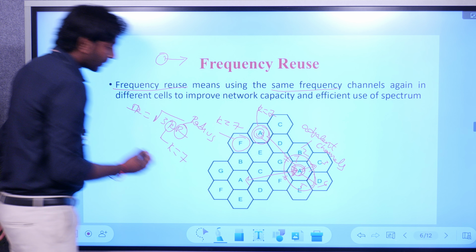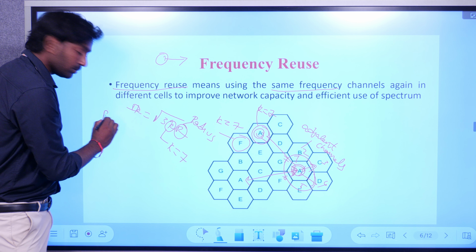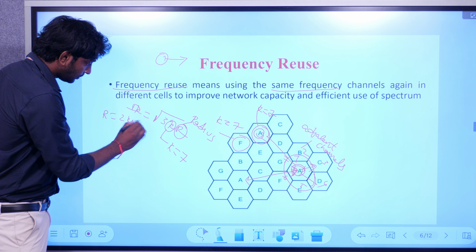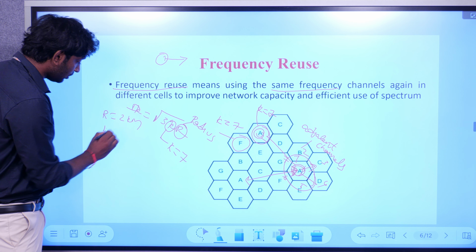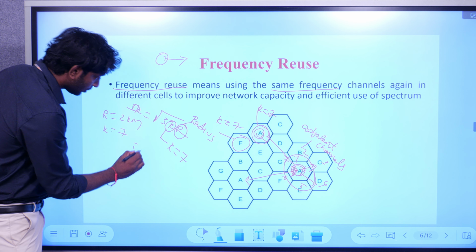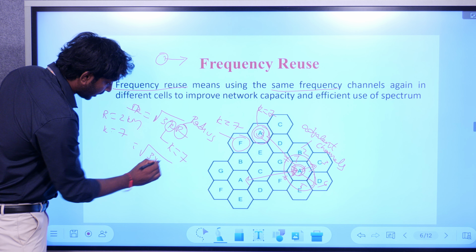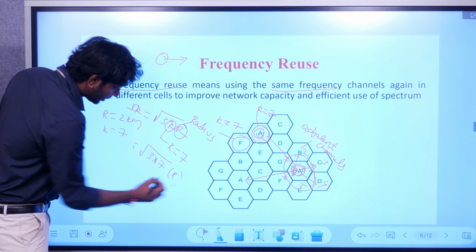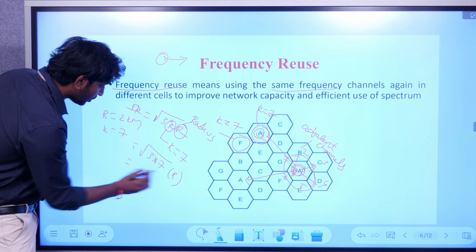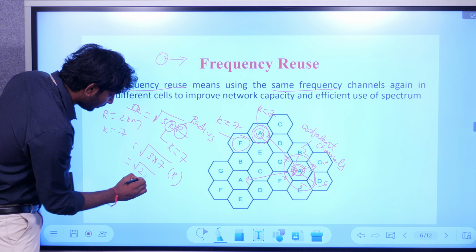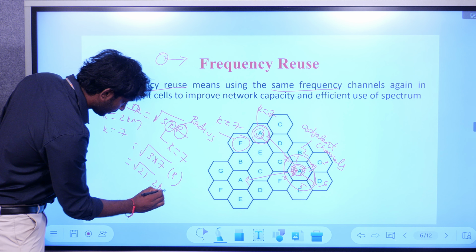For example, r equal to 2 kilometers and k equal to 7 cell pattern. So square root of 3 into 7 into r. 3 into 7 equals 21, into r equals 2 kilometers.